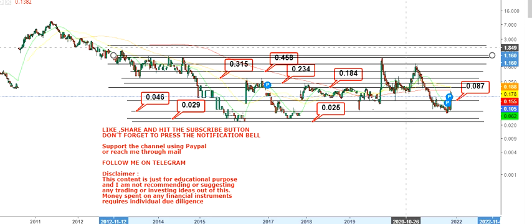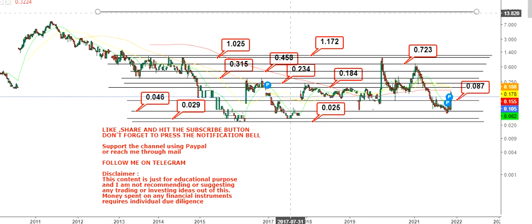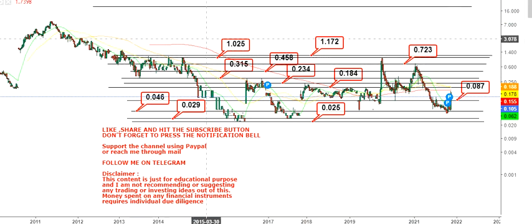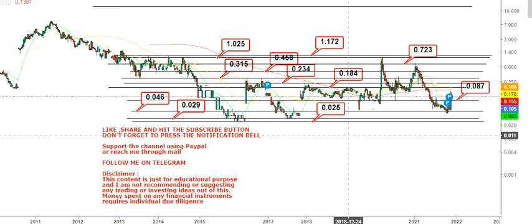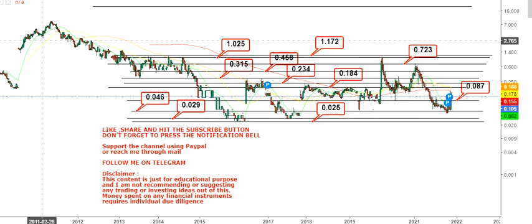The next three targets after 0.45 are 0.72, then we have 1.02, and we have 1.17. Now you can see there is a range in which this stock is trading, and because it is trading near the lower end of the range, and it has started moving, it is giving us a good risk reward.